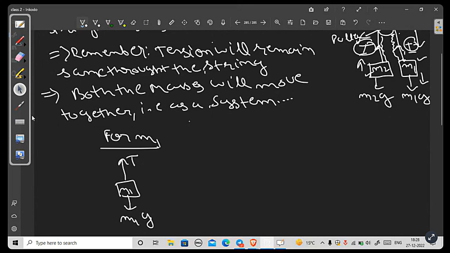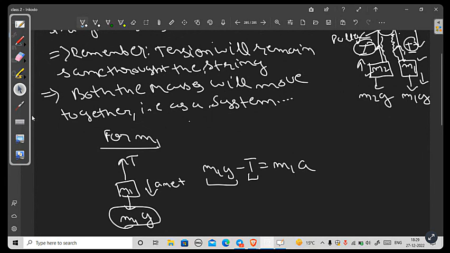Since the net acceleration is downwards, I know that m1g is greater than the tension. So m1g minus T equals m1a. Bigger force minus smaller force equals the net force, which is net mass into net acceleration.